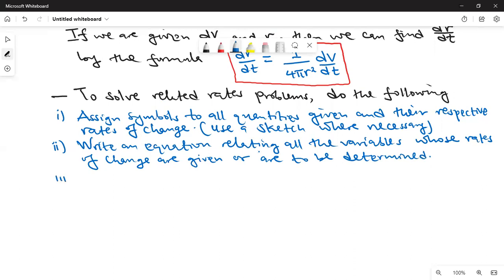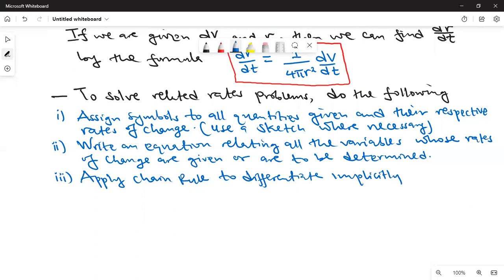The third step is to apply the chain rule of differentiation to differentiate implicitly both sides of the equation with respect to time t.